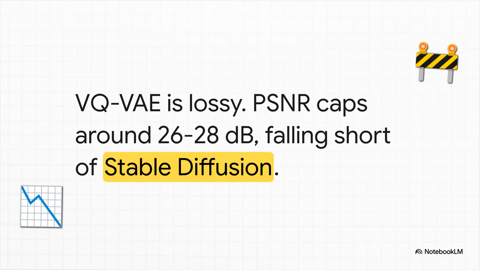In practical terms, it means the generated image looks a bit like a compressed JPEG from like the early 2000s. It's recognizable for sure, but it falls visibly short of those continuous space diffusion models like Stable Diffusion 3, which achieve 32+ decibels and make those hyper-crisp 4K photos. In this architecture, the tokenizer itself is the primary bottleneck for image quality. It's the ultimate trade-off of the early fusion approach.